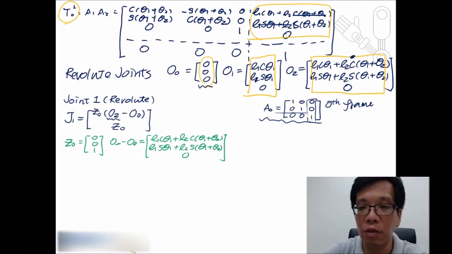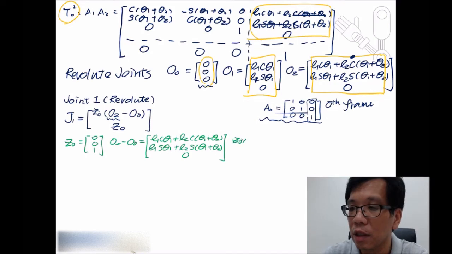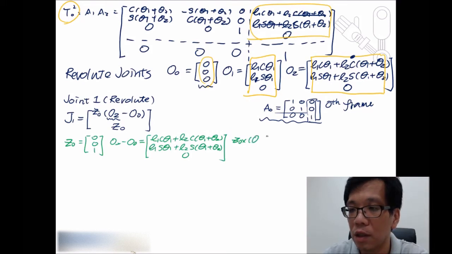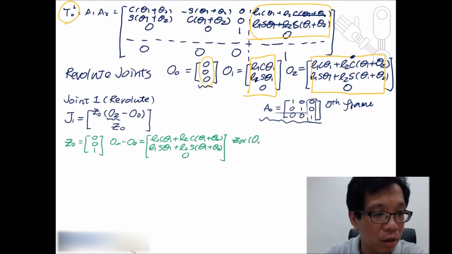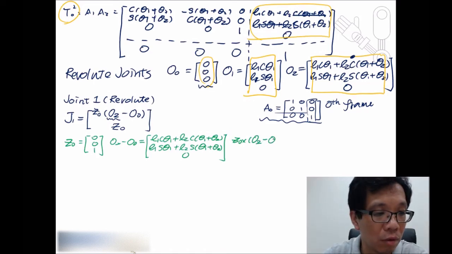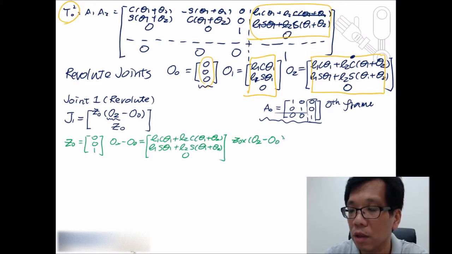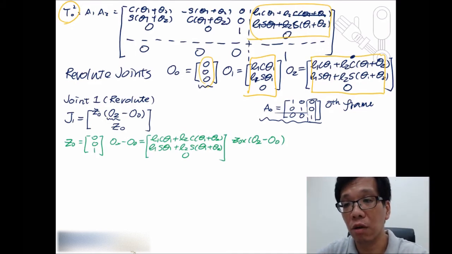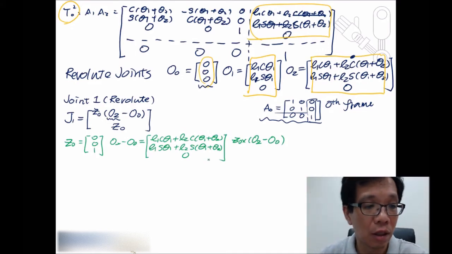Okay, so we need to multiply Z naught with O2 minus O naught. And this is going to be cross product. So you have this vector cross product with this vector.